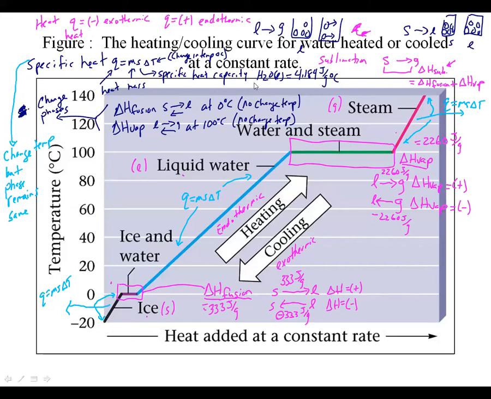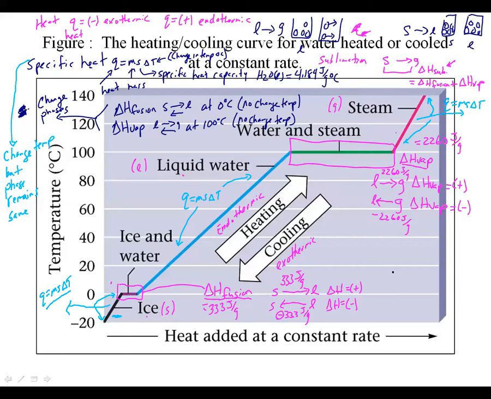A couple other things you do want to think about: if you are down in this area where our ice is, and we're going to use this equation here, when we use the specific heat for water, water is in the form of ice at that point, which is the solid state.